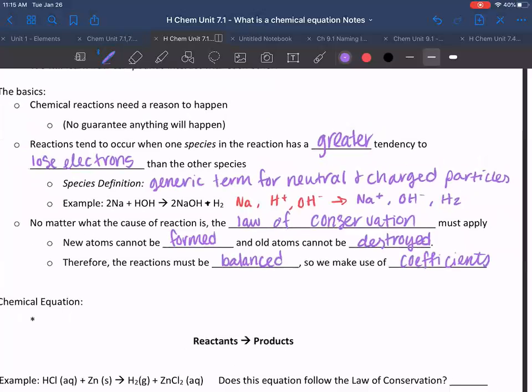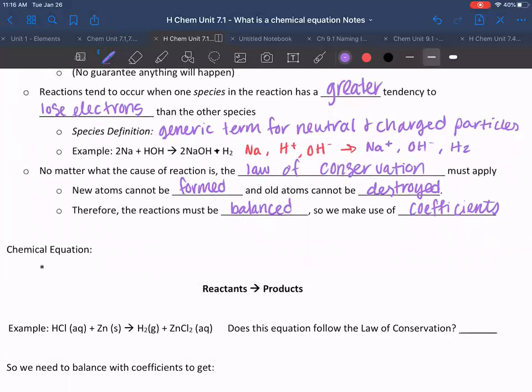So let's talk about writing chemical equations. All a chemical equation is a symbolic representation of a chemical reaction. And I'm going to abbreviate reaction, RXN.